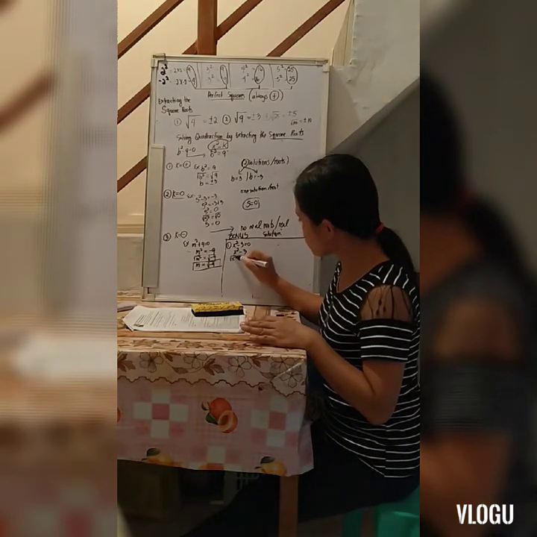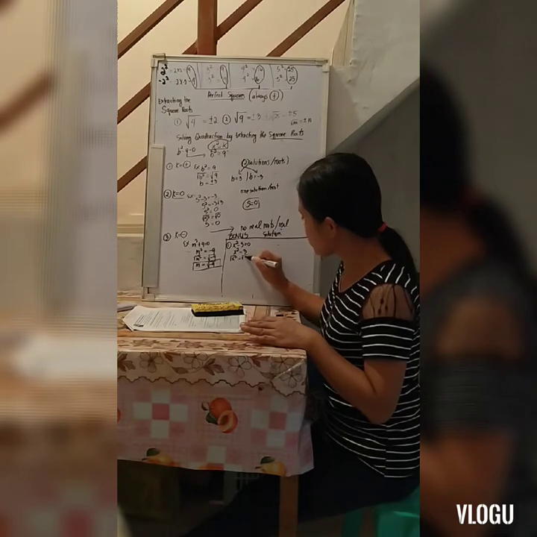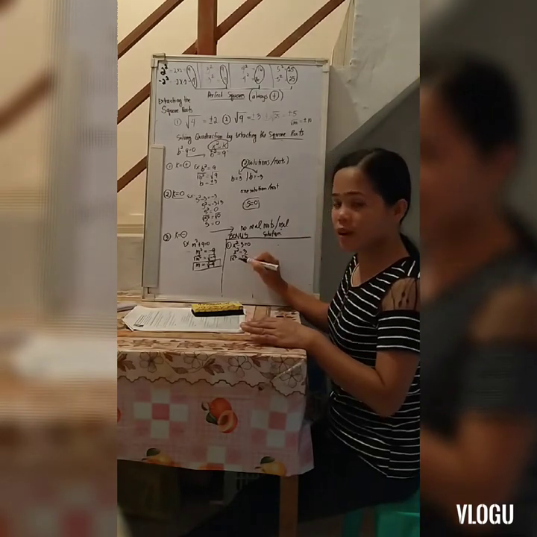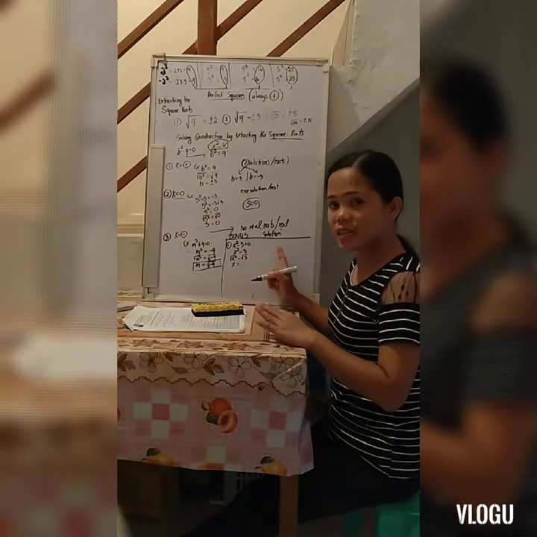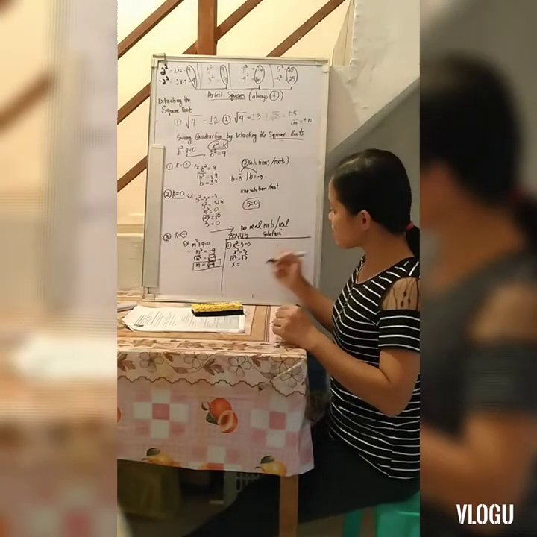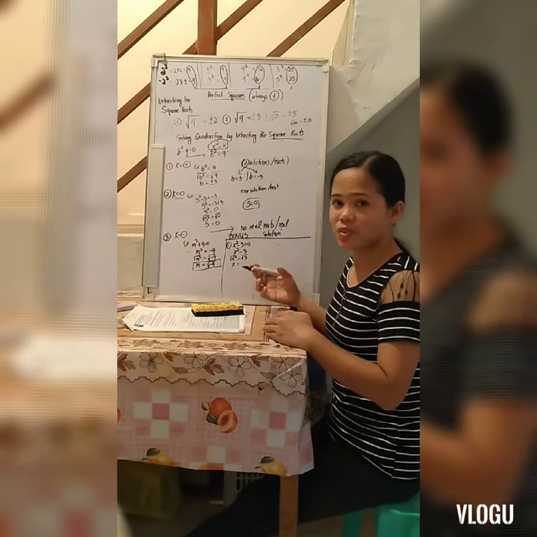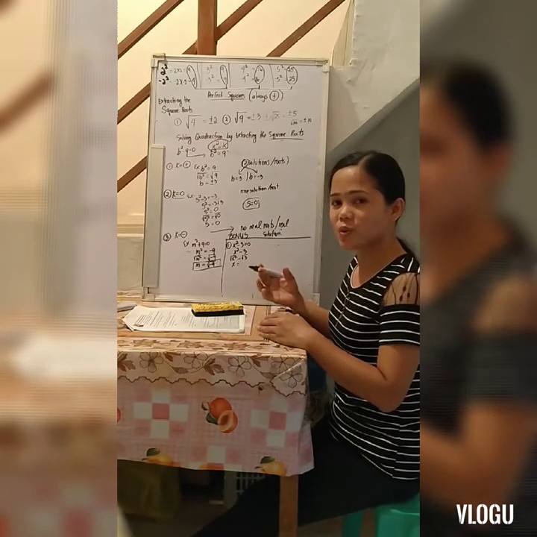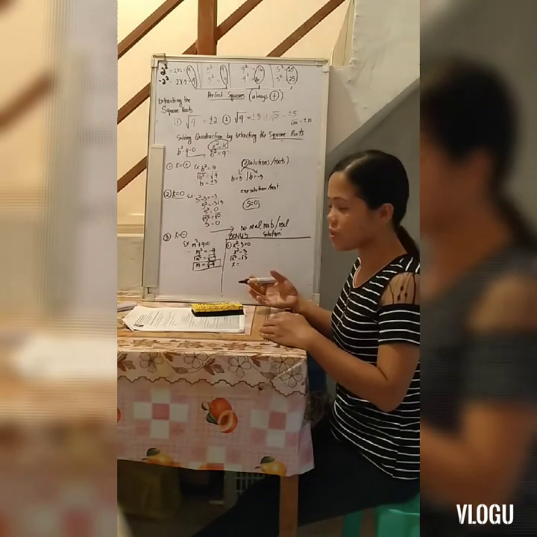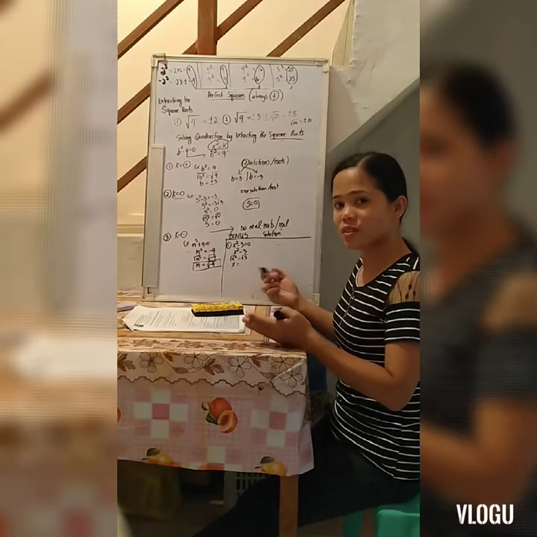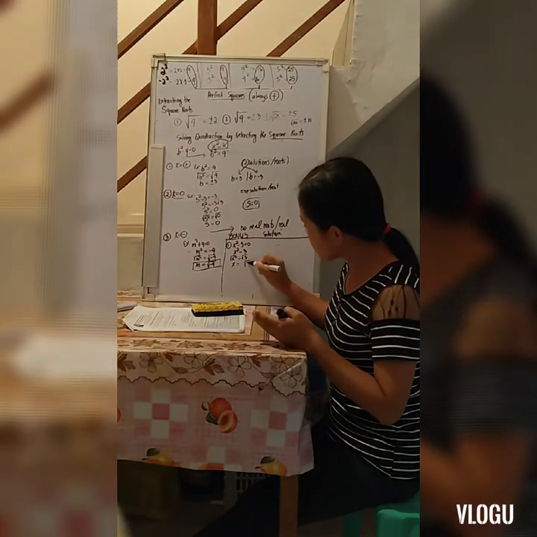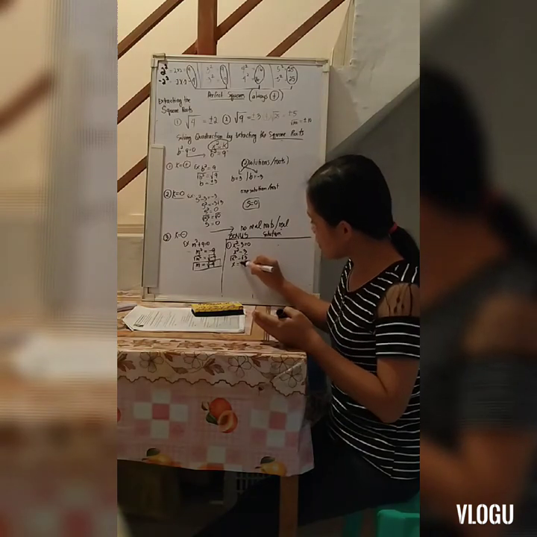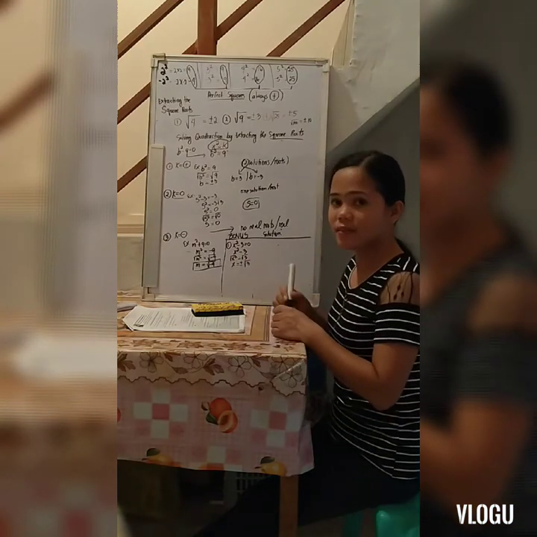The square root of x squared is x. And then the square root of 3 is what? In this case, we are not calculators. If we use calculators, we will get decimal answers. But since we're not calculators, let's just leave it as it is. You just copy square root of 3 and then attach positive and negative signs.